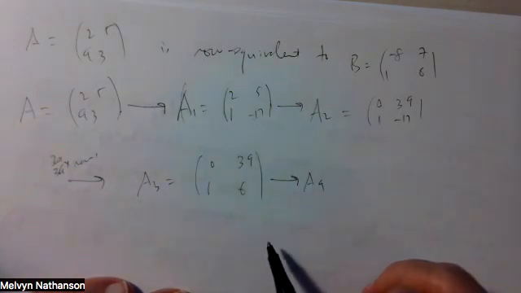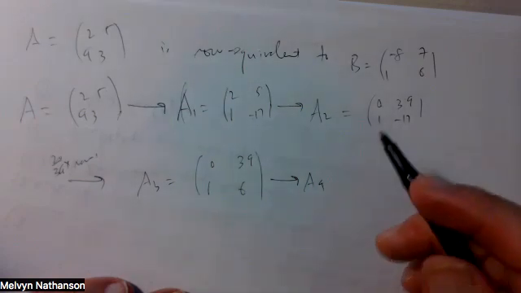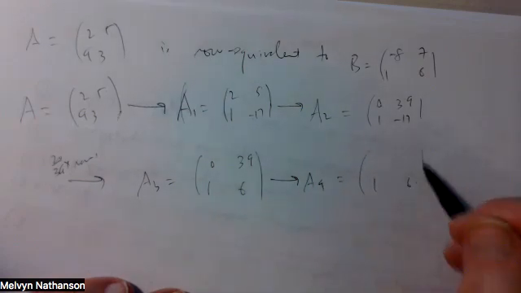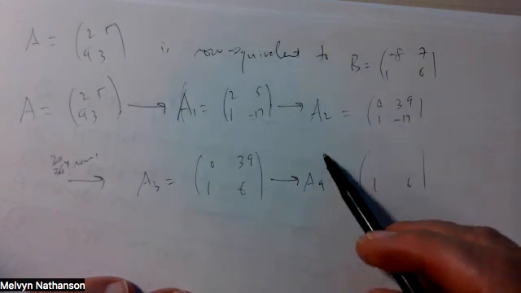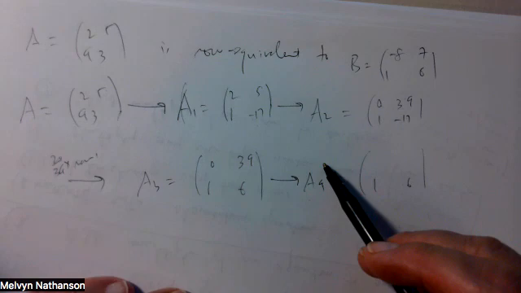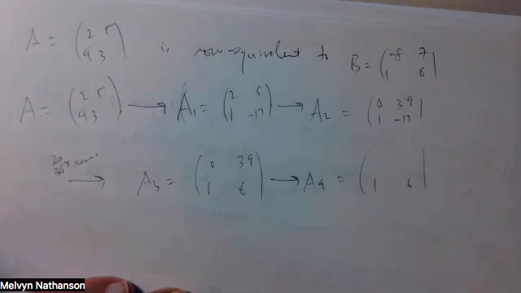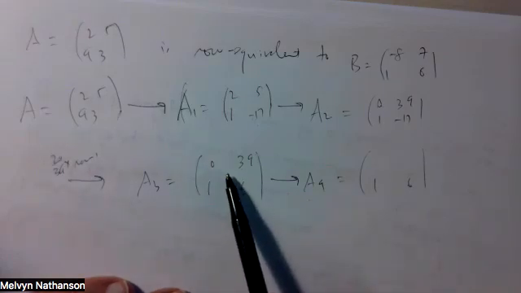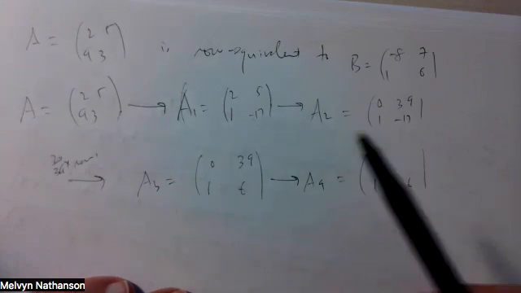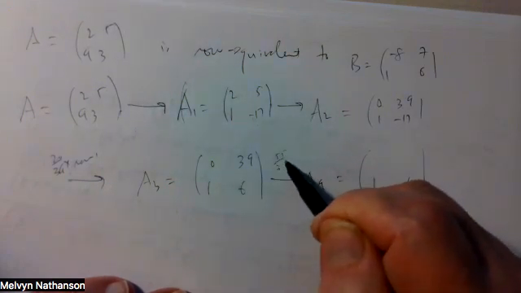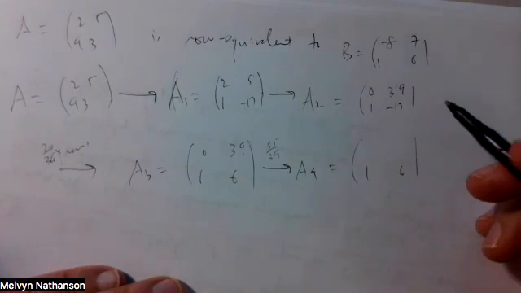Let me do another elementary row operation. I'm not going to change the second row, but I'm going to add a certain multiple of the second row to the first row. And I'm just going to multiply the first row by a scalar, 55 over 39. Why? I don't know. It's just a random choice, but it's okay.